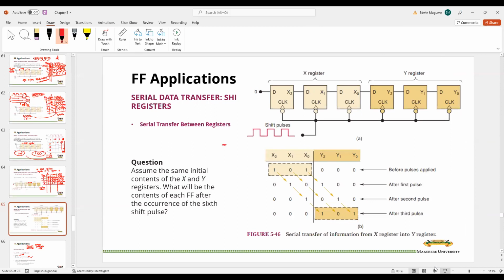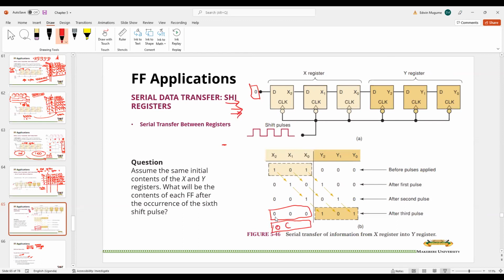Okay, so I was saying, just one minute, that the reason we have a 0 here is that every time we clock, you input a 0. That's why after three pulses, you have zeros in the X register, and your information which was originally in the X register has been pushed here. Now, if you give 3 clock pulses again, the same zeros will appear here because they keep going in.